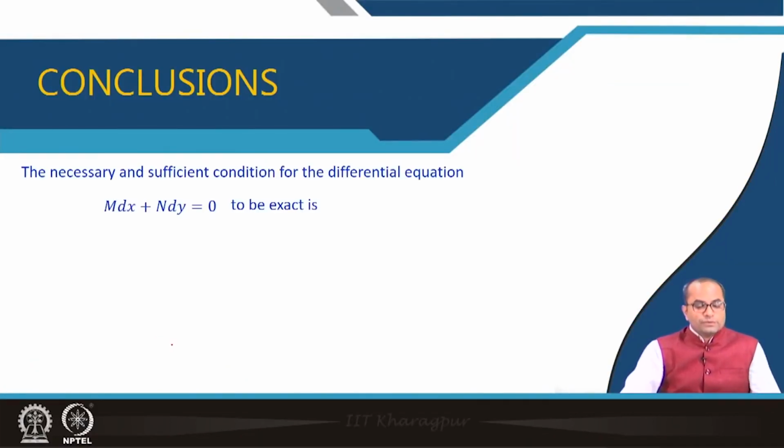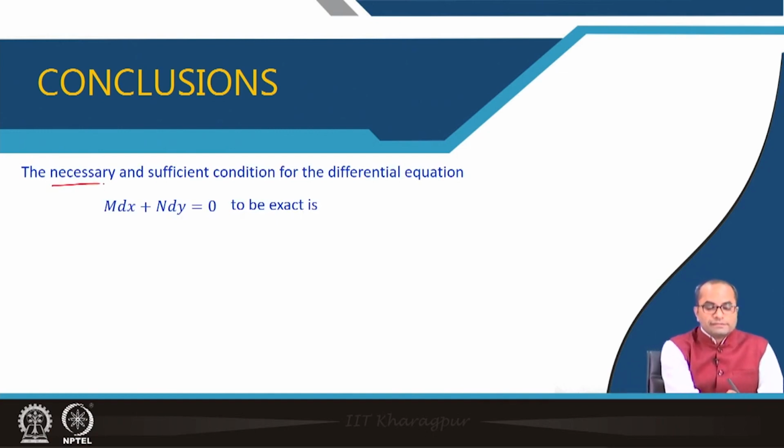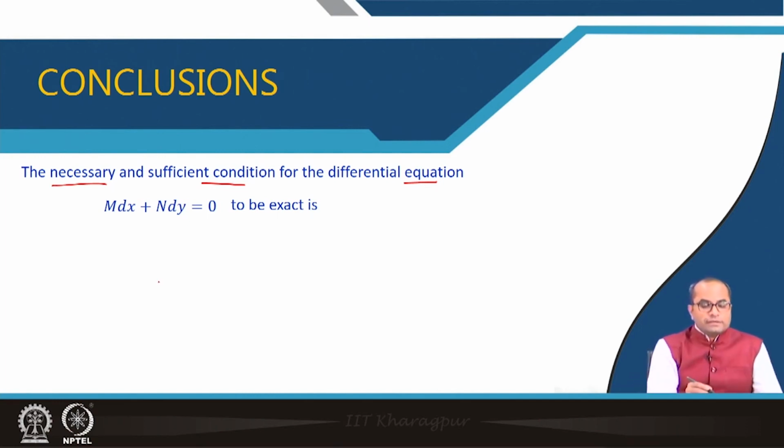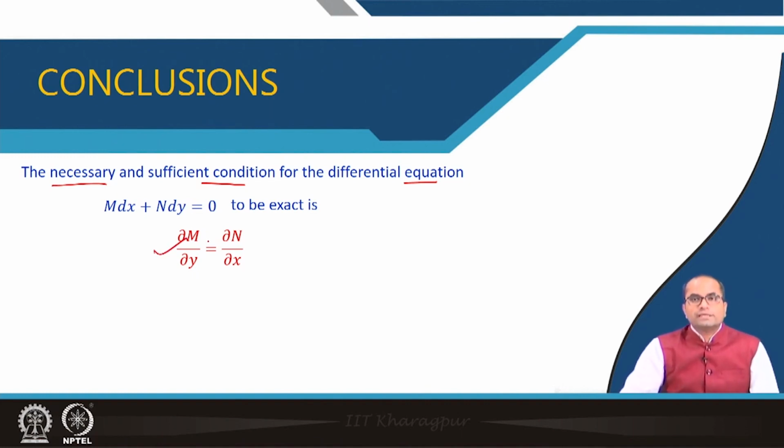So, just to conclude here, the necessary and sufficient condition for the exactness of the differential equation is ∂M/∂y = ∂N/∂x, meaning that if the equation is exact, this condition must hold, or if this condition holds, then the equation will be exact.